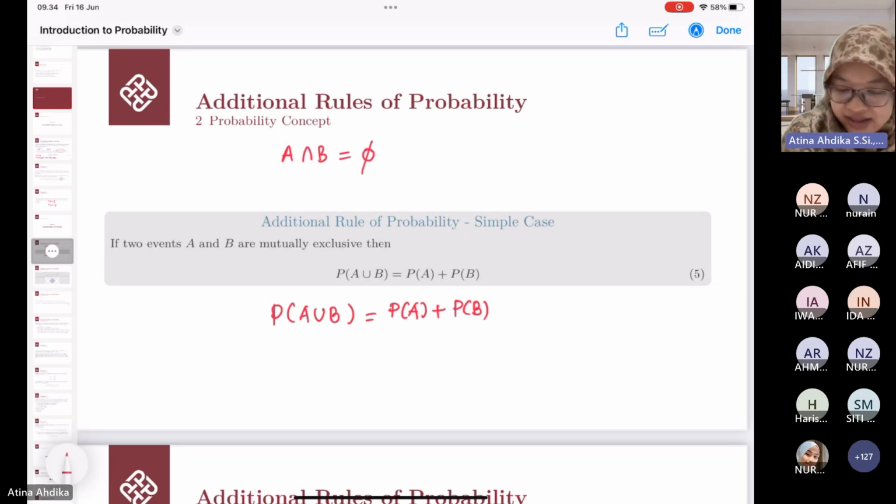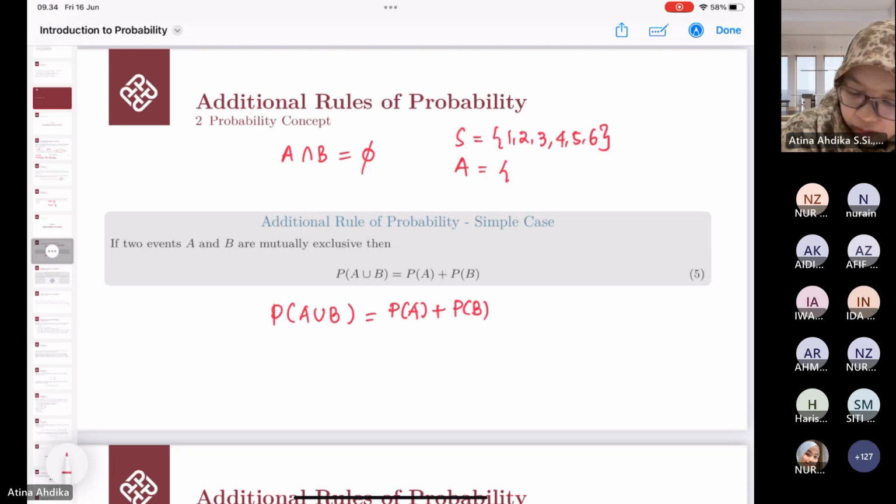Okay, let's see the example. When we toss a die once, we have the sample space of 1, 2, 3, 4, 5, and 6. Suppose that we have event A, which consists of 1, 2, and 3, and event B, which consists of 4, 5, and 6.